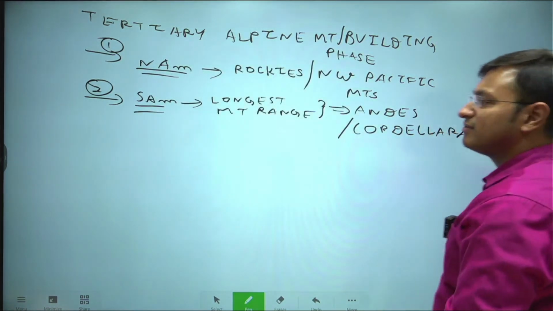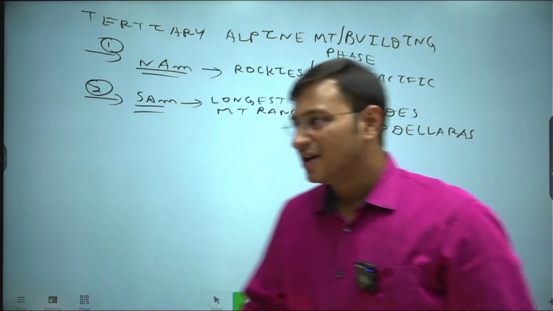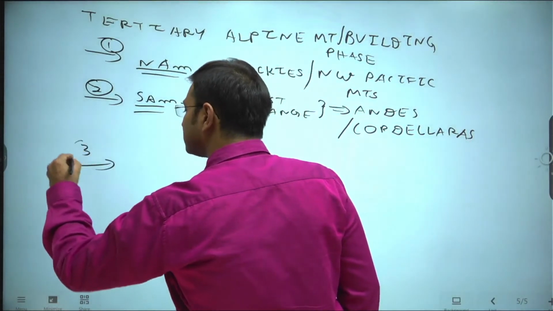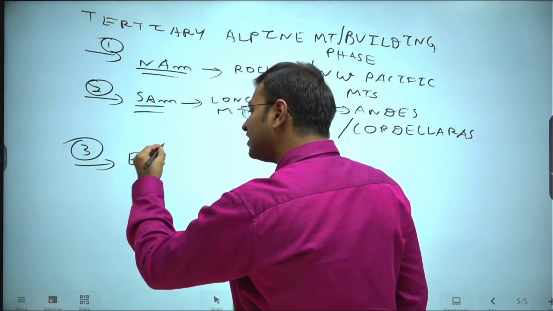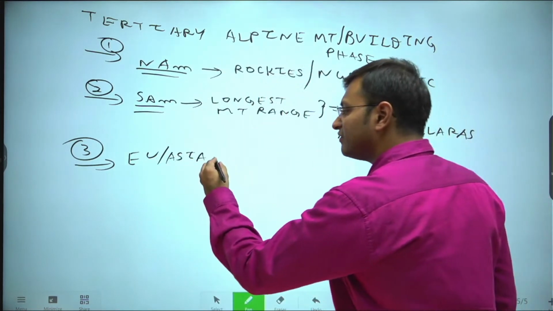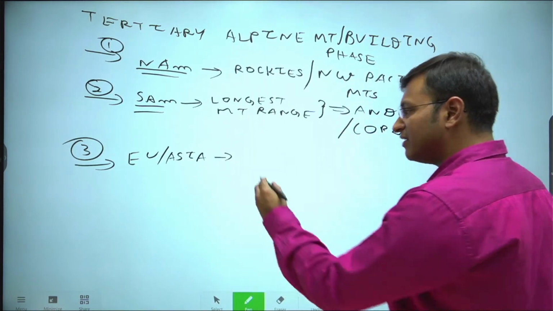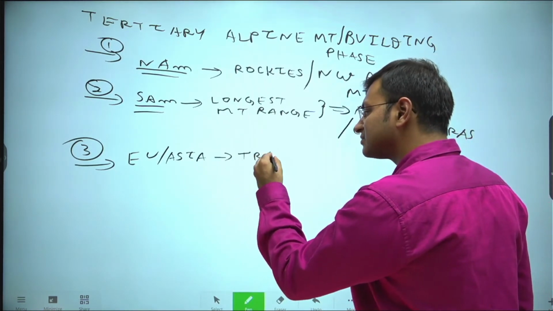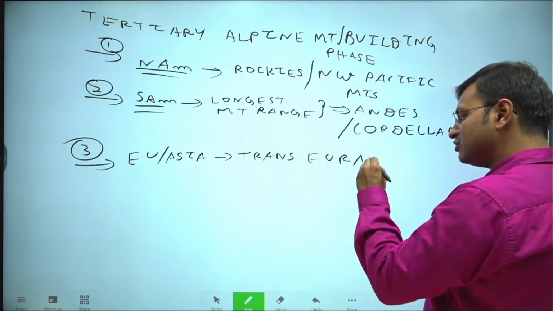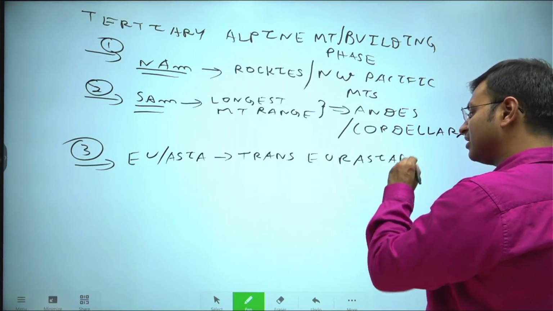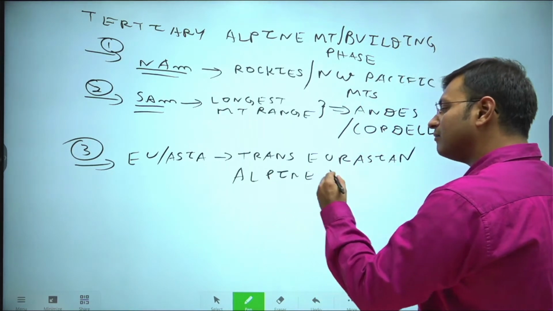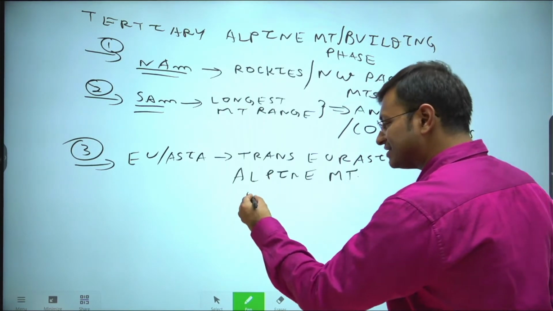So you will have upliftment of the Rockies and the Cordilleras, and in Europe and in Asia you will have one continuous mountain building system that will be referred to as the Trans-Eurasian Alpine mountain building phase.